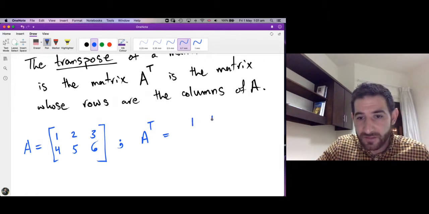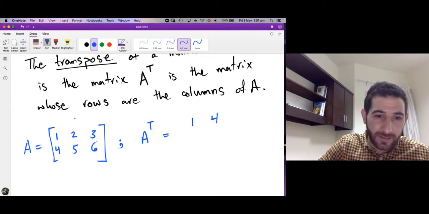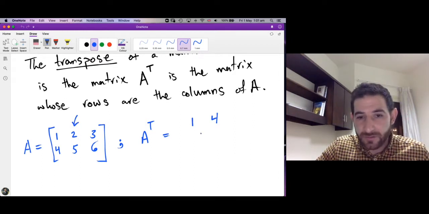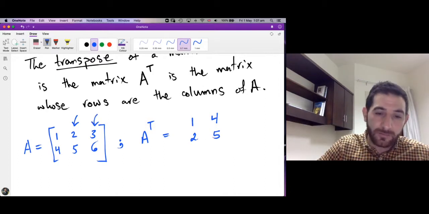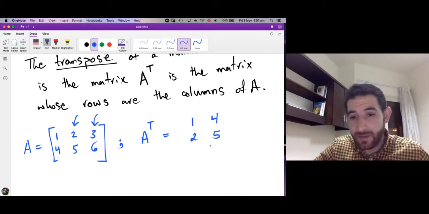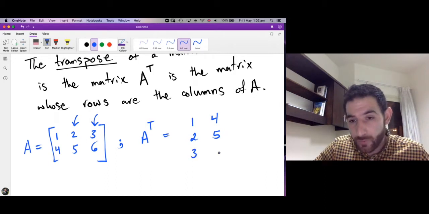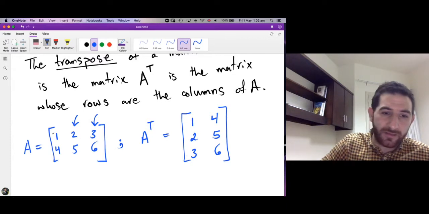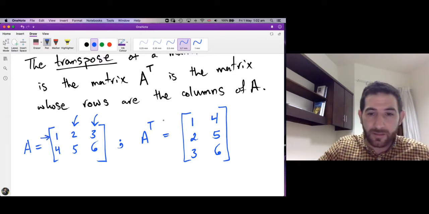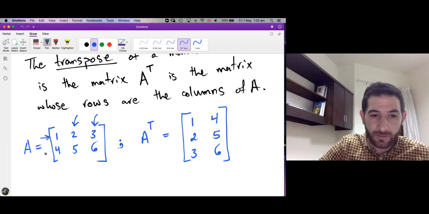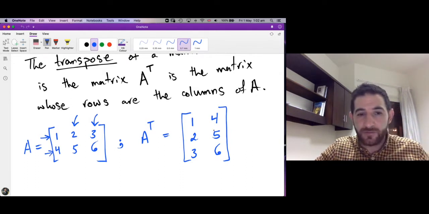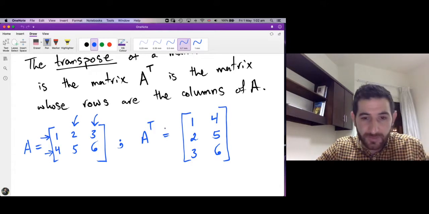Now take the second column and make it the second row in A transpose, so 2, 5 will become the second row. And take the third column in A, 3, 6, and make it the third row. It's the same if you want to say take the first row and make it the first column, 1, 2, 3, and take the second row and make it the second column, 4, 5, 6. So this is A transpose.